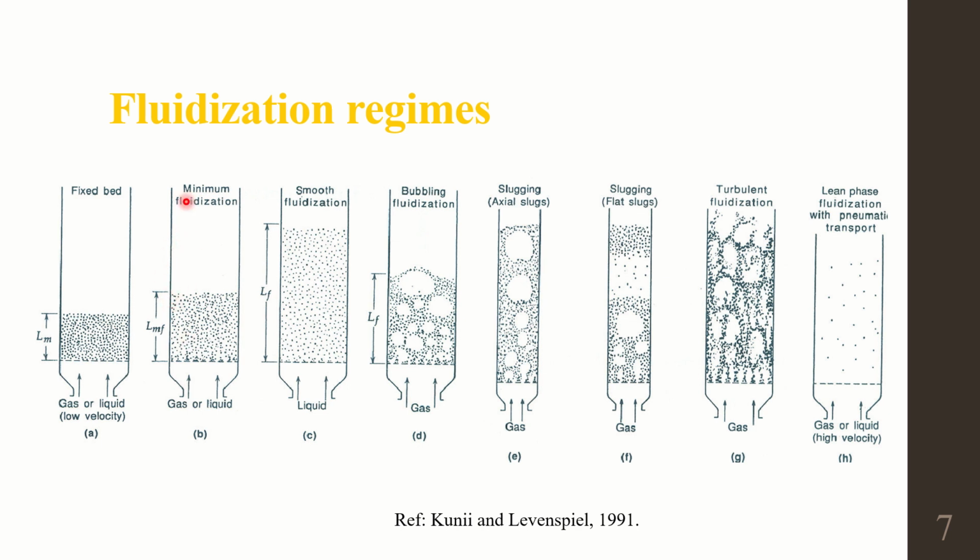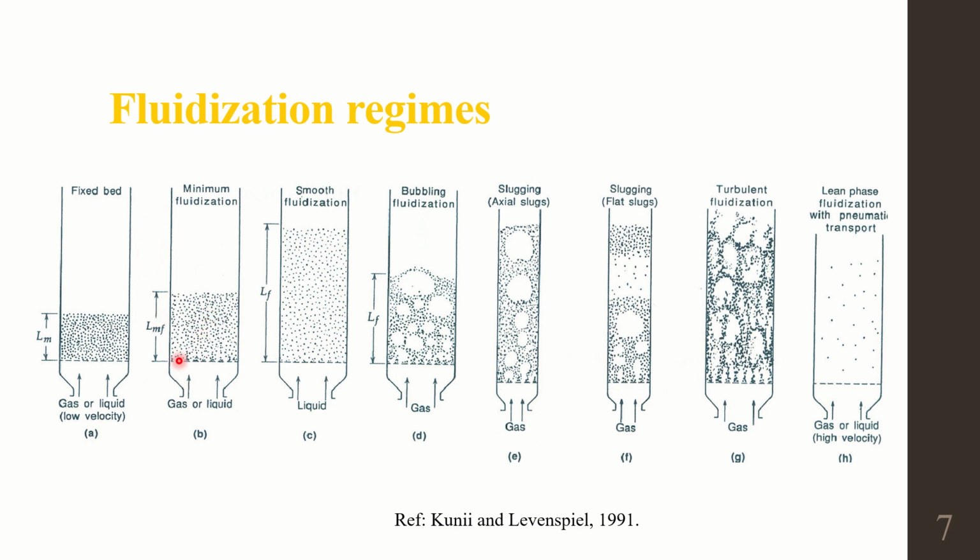This particular regime is known as minimum fluidization. At this point, the weight of the particles is counterbalanced by the drag exerted on the particles by the fluid. So the weight is equal to the drag. This point is known as minimum fluidization or incipient fluidization.